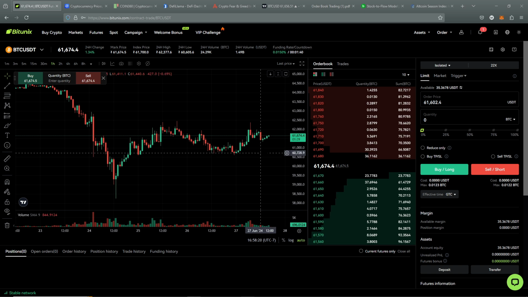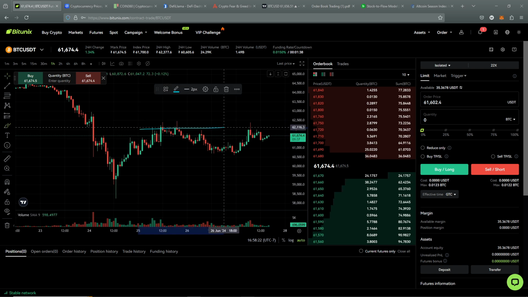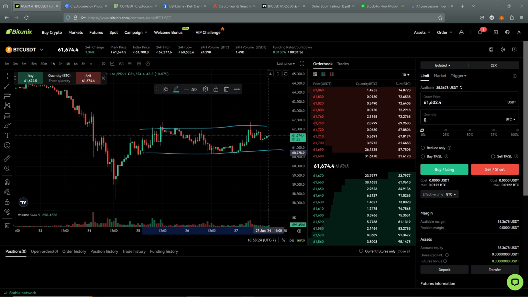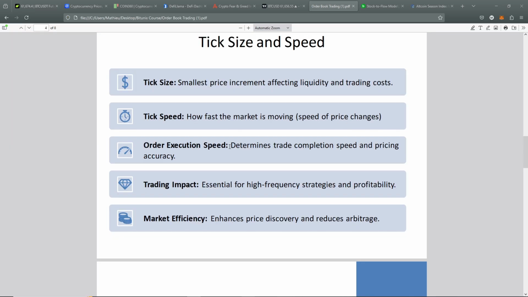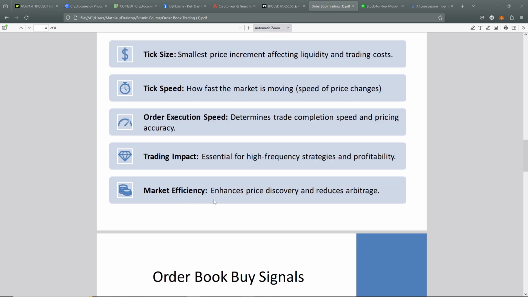So the market is pretty flat right now, and indeed, if we look back here, that is pretty accurate to the last few hours of trading. These things determine the order execution speed. It can impact trading with things like high frequency strategies and profitability, especially for scalpers. And we can see the market efficiency through this.